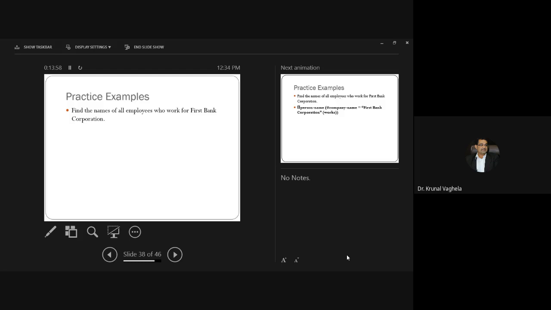Is it from only one table or multiple tables? I'm asking everyone. The query is find the names of all employees. I want names of all employees who work at First Bank Corporation.